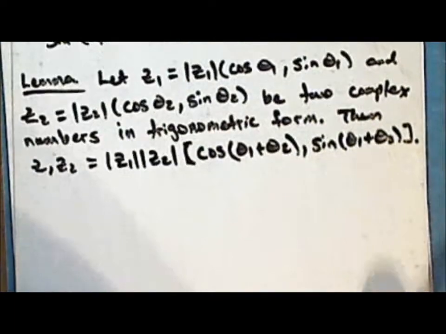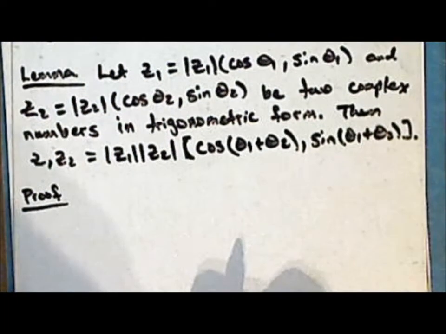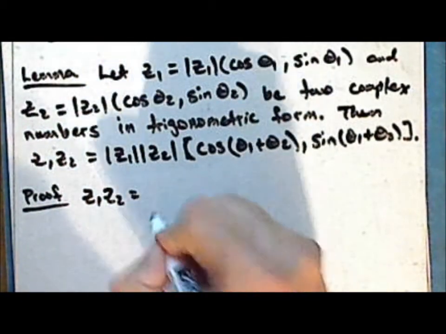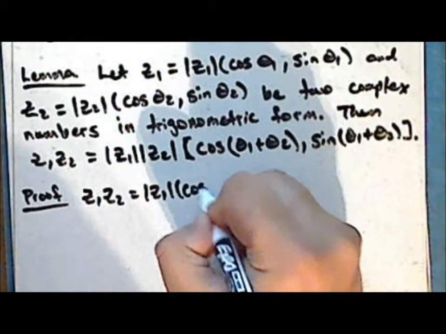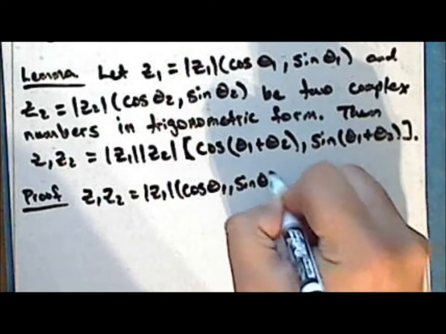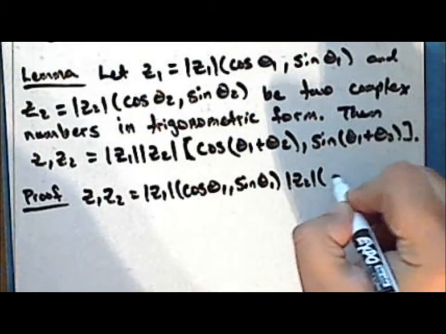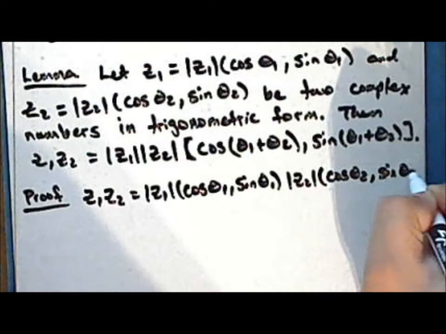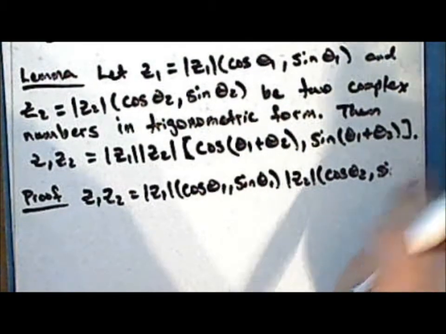Okay, so proof. z sub 1 times z sub 2 is the modulus of z sub 1 times the ordered pair cosine theta 1 sine theta 1 times the modulus of z sub 2 times the ordered pair cosine theta 2 sine theta 2.